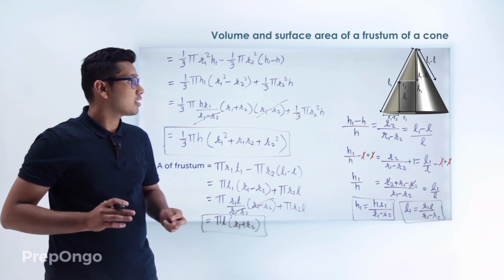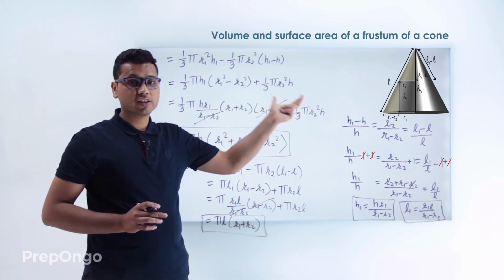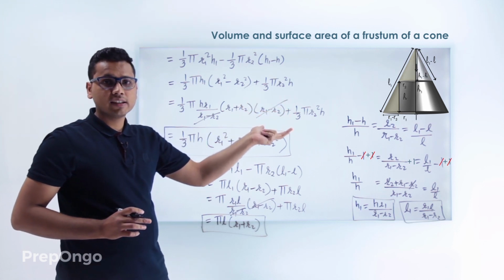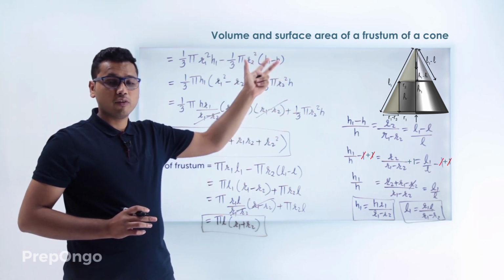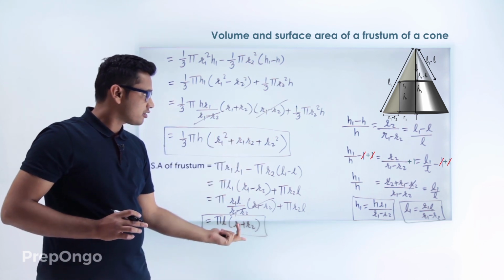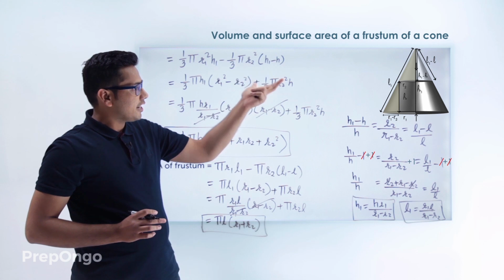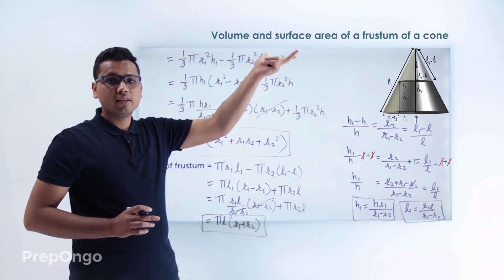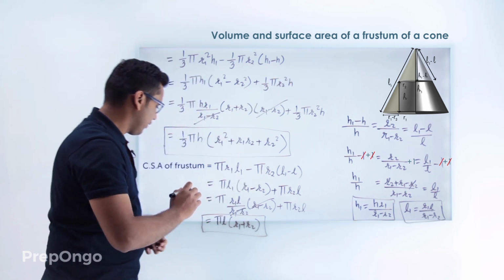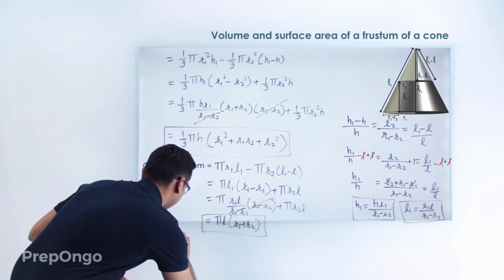Now if we look at the total surface area of this frustum of a cone, we have to add the area of the base and the area of the top, these two circular ends. So we'll add this curved surface area to the area of the base of this circle and the area of this top. So we can write down the total surface area of this frustum of a cone.